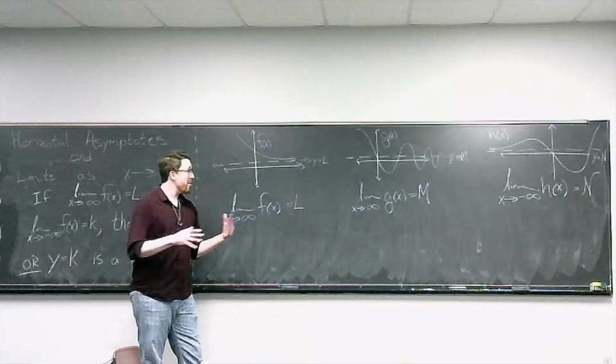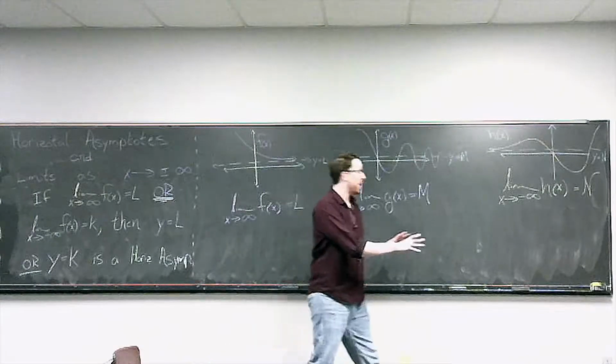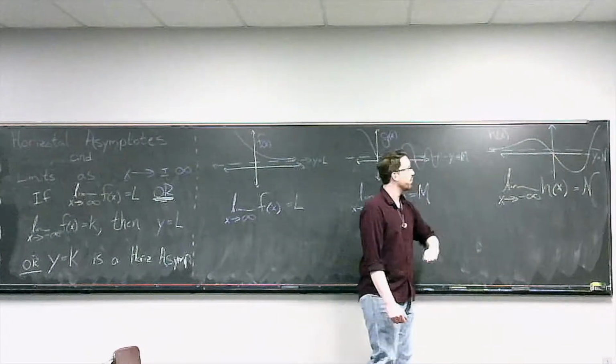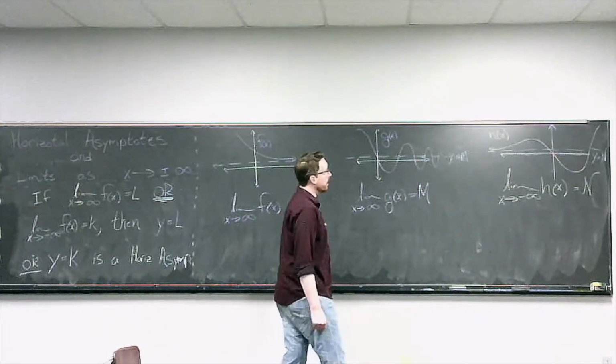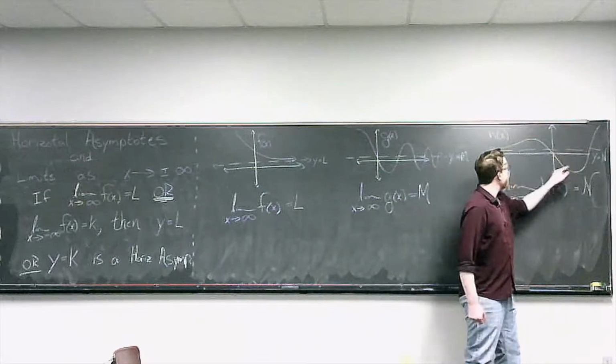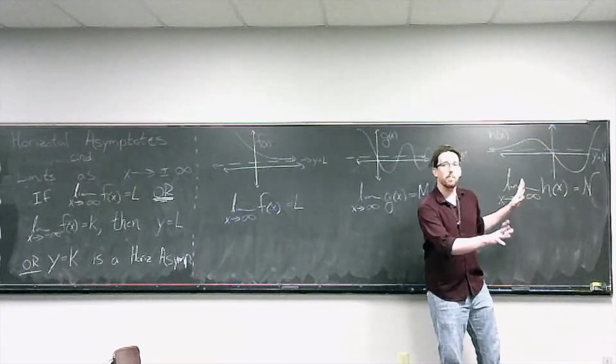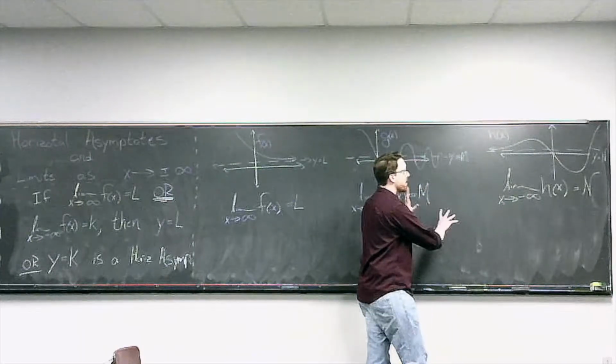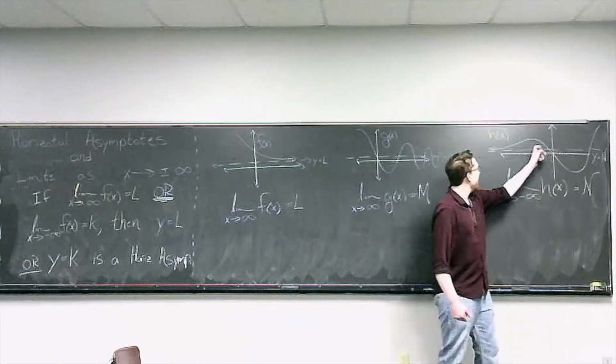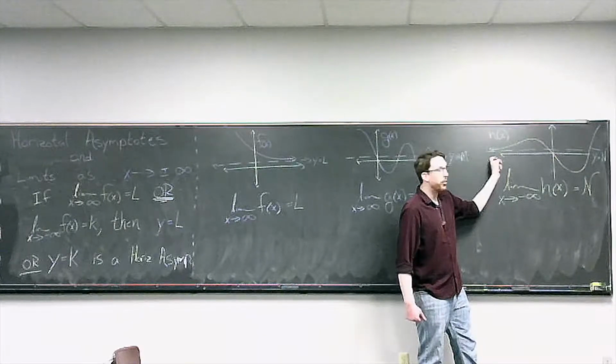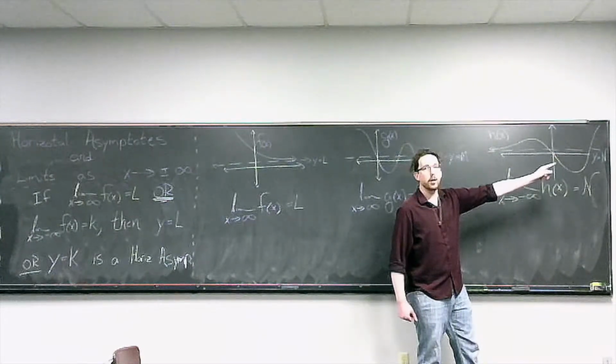Now, on the other hand, let's consider the case where we're going to negative infinity. Here, this thing does this really weird loop thing, but as you approach negative infinity, it decays into this line y equal to n.